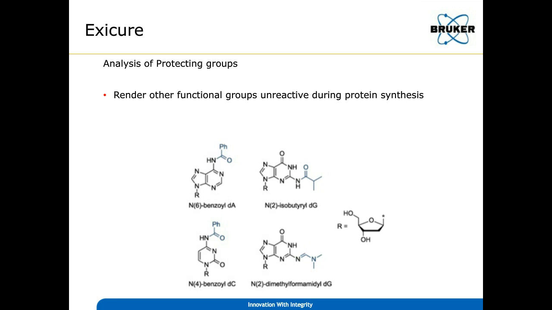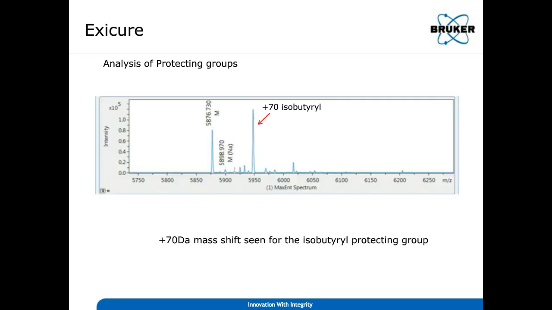This slide shows a figure where a 70 Dalton mass shift is seen for the isobutyryl protecting group.